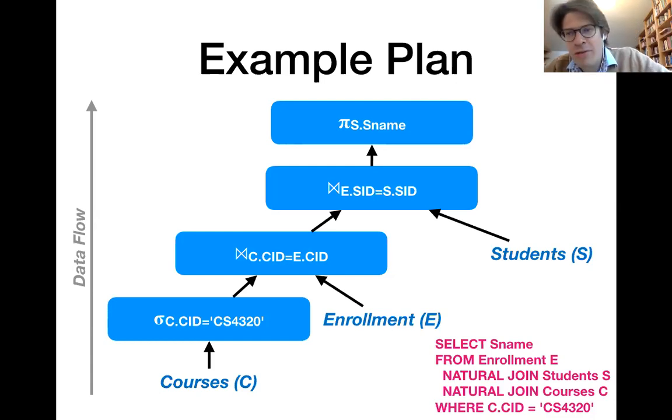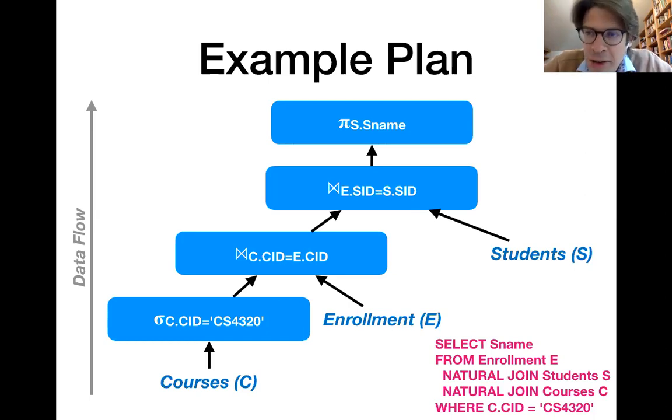So in order to evaluate this plan, we would essentially start with the leaf nodes, which correspond to tables that are already available in my database management system. So here, for instance, we can start with the courses table. And the first operation that is written here, that is this sigma operator with the condition written as subscript c.cid equals CS4320.